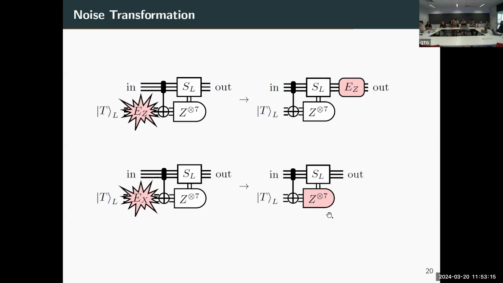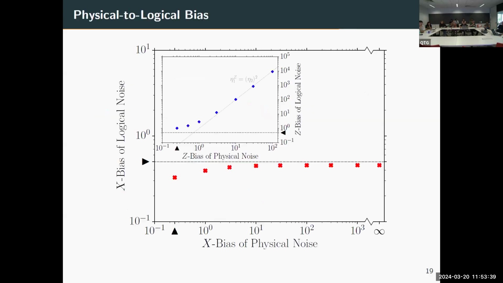They cause a measurement failure. And this measurement failure causes a misapplication of your logical phase gate as well, which has a Z character in terms of bias. So any errors that you have on your logical magic state essentially get transformed into logical phase noise, right? And so this ends up having a secondary effect which transforms the type of noise, in addition to this bias amplification.